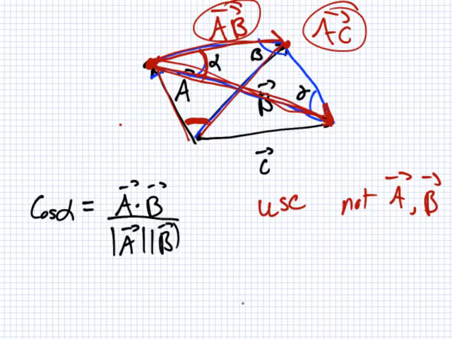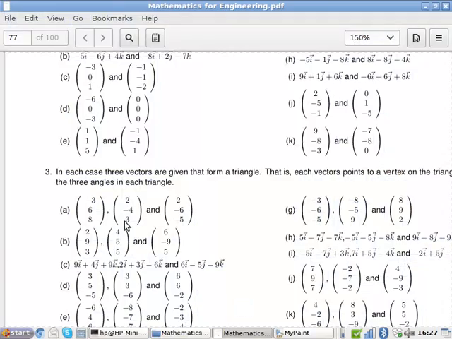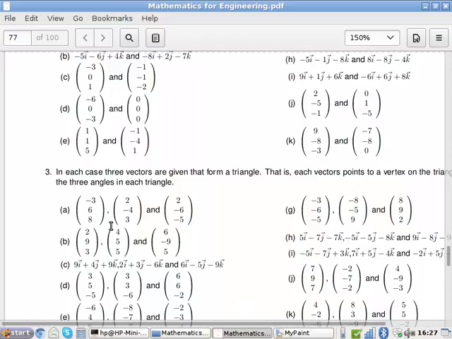Over here? Right. So, anyways, these three vectors make a triangle with three angles. I want those three angles, please. So you can say this is A, B, and C. So try this one, please.